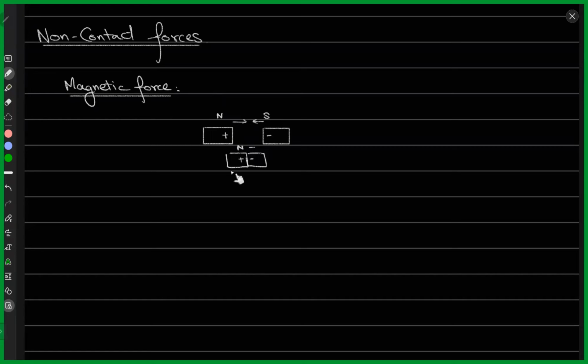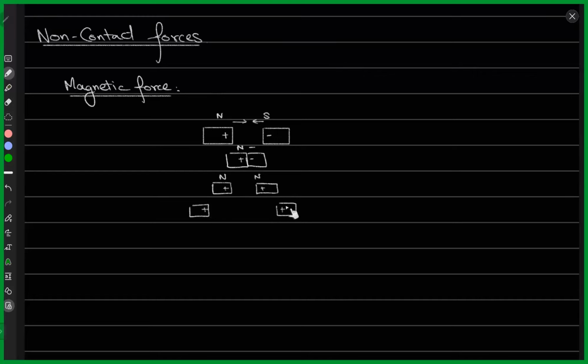Now suppose you have positive and positive, meaning both are of the same type. So you have positive and positive charges, or you could say north and north. What happens is they don't like each other. They don't want to be next to each other, so they'll try to move away from each other.